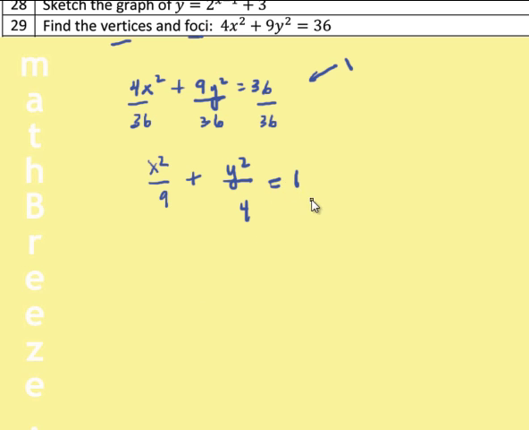This is now in standard form. Now, because the larger number is under x, that means we have a squared is 9, or a is 3, and also our ellipse is going to be horizontal, and the foci will be on the x-axis. All right, and here we have b squared is 4, b is 2.